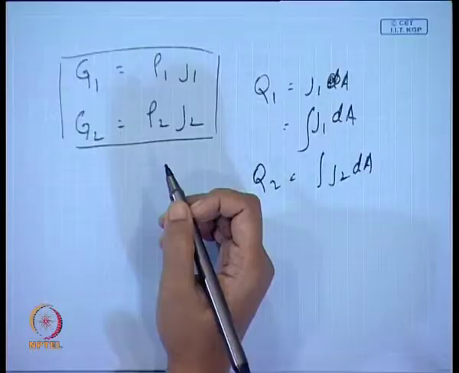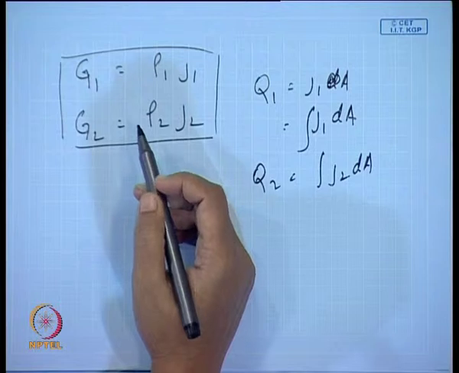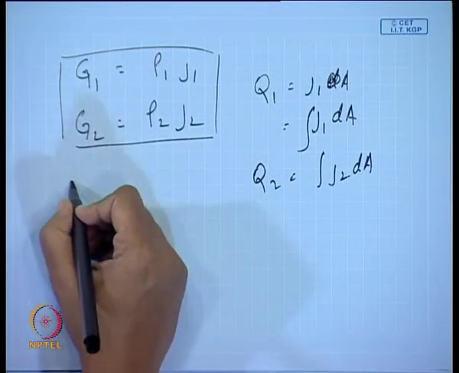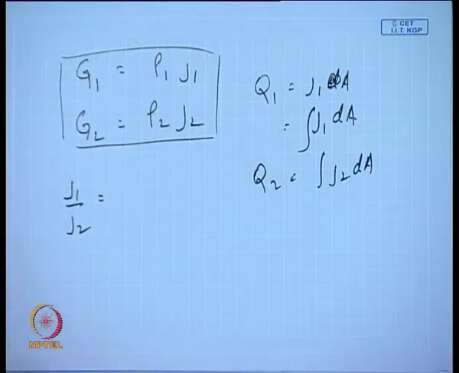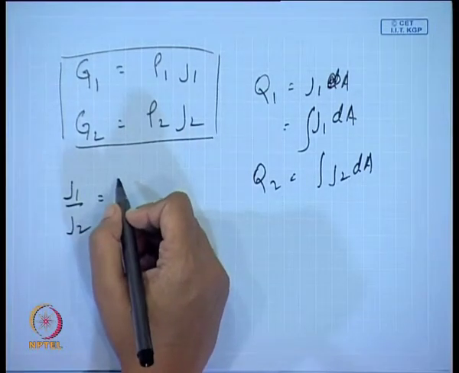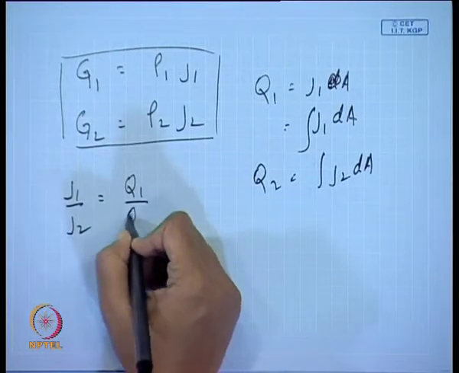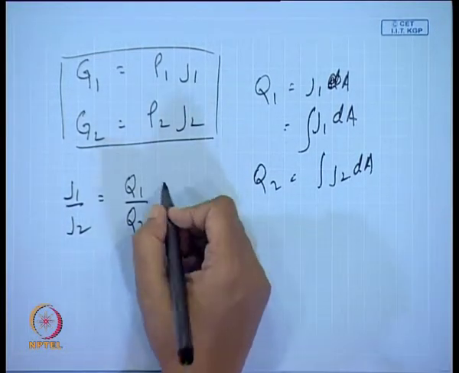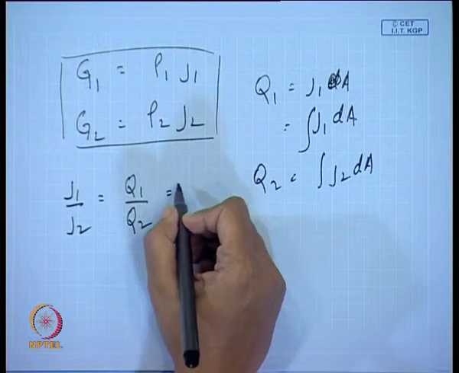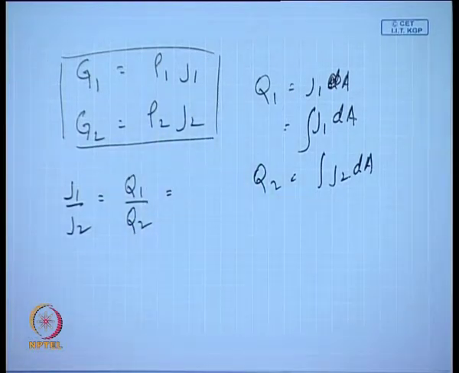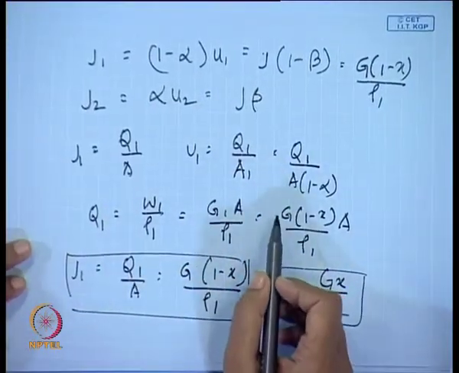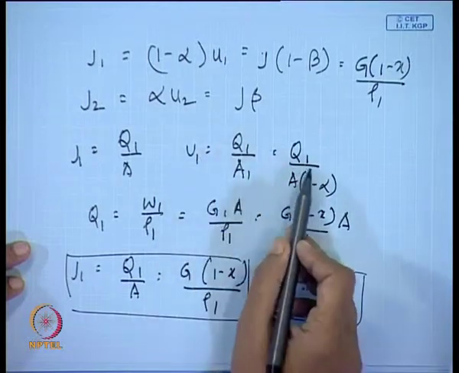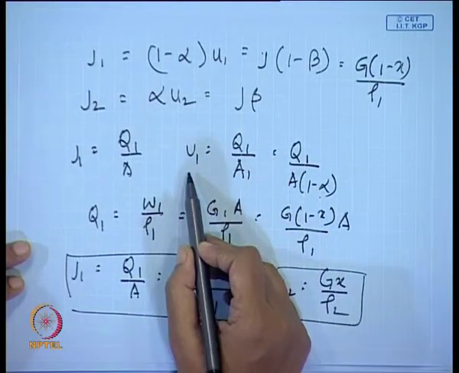Well, in a similar way, suppose we would like to relate j1 by j2 with the slip ratio or the slip velocity, whatever it is. This is nothing but q1 by q2, agreed, and q1, as I have already written down here, can be written as A into 1 minus alpha into u1.